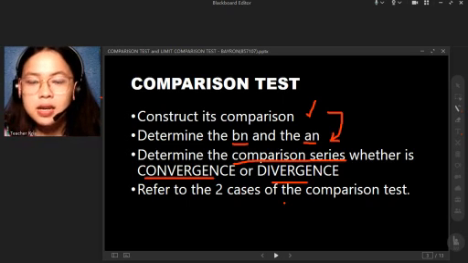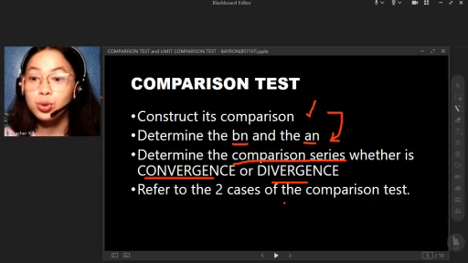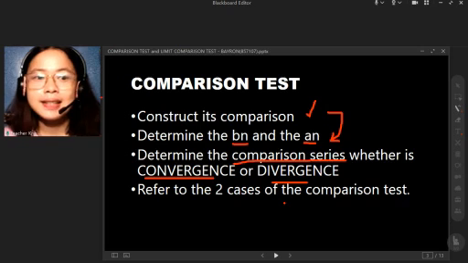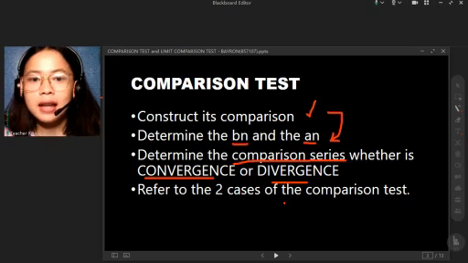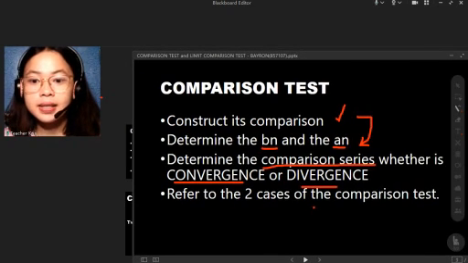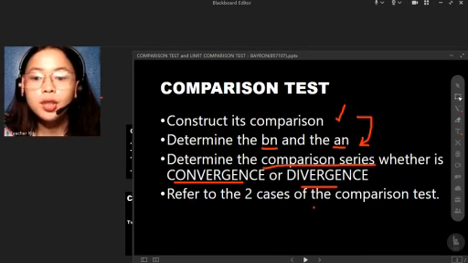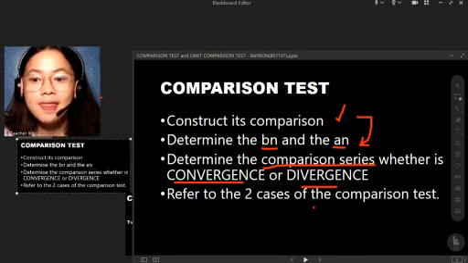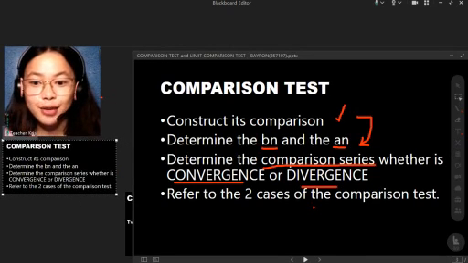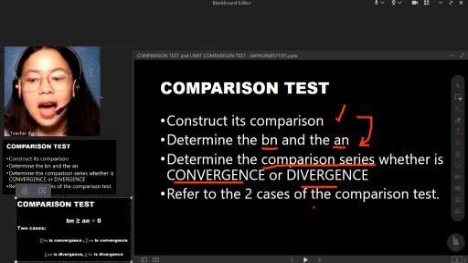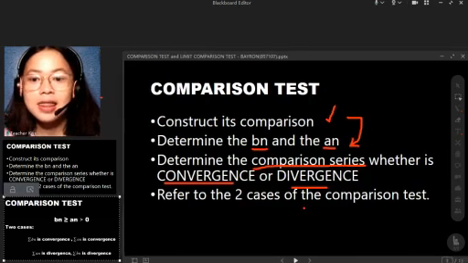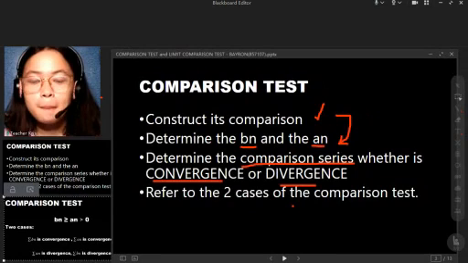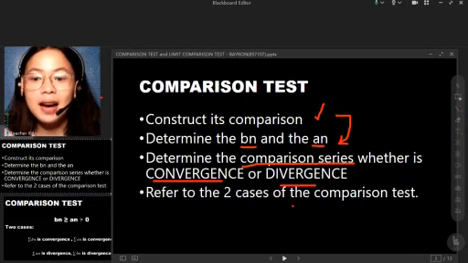And lastly, we're going to refer to the two cases of the comparison test. And by this, we can establish that if the big sequence is convergent, then the small sequence is convergent also. And if the small sequence is divergent, then the big sequence is divergent also.